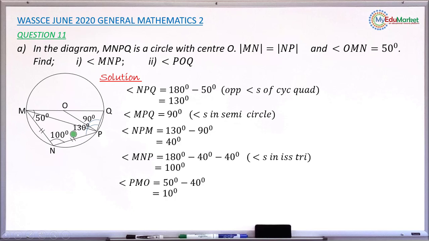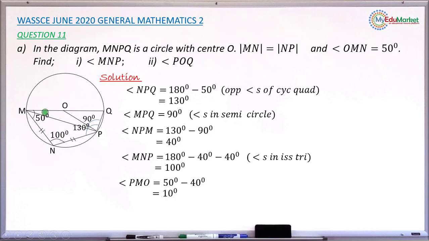That is angle PMO. Looking at arc PQ, it is the one that subtends angle POQ at the center of the circle, and it is the one that subtends angle PMO at the remaining circumference.